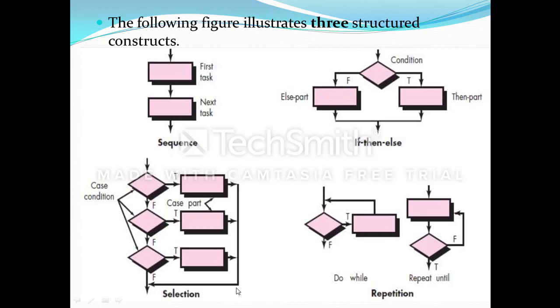In if then else there are only two ways of processing steps. If the condition is true, it selects one processing step. If the condition is false, it selects another processing step. In the selection case, it provides multiple cases of processing steps. So this is the selection case.